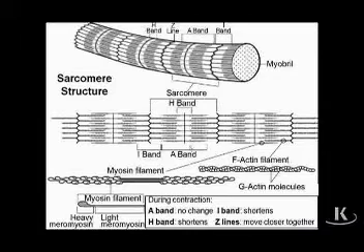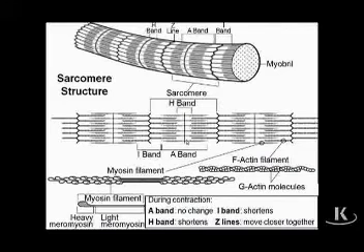In the middle of the sarcomere is the A-band, and the A-band consists of myosin filaments that are overlapping with the actin filaments in the middle or central portion of the sarcomere. Where the actin filaments do not overlap the myosin filaments, that region in the central part of the sarcomere forms the H-band. And the line that exactly marks the middle of the sarcomere is known as the M-band.